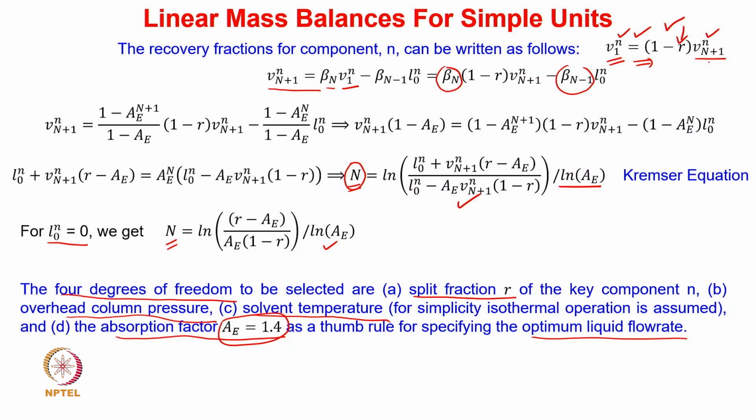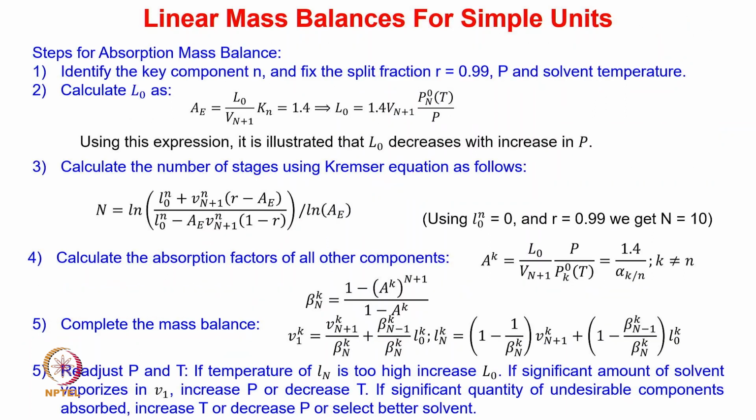So now let's look at the simplification of all the equations. What are the steps required for solving the absorption mass balance? The first step is to identify the key component N, and then specify the split fraction R. Typically the value used is 0.99, which means we want to extract 99% of the key component from the vapor by using the solvent.